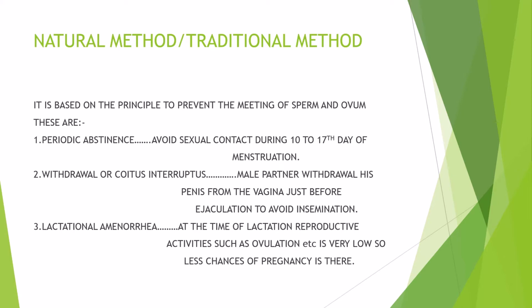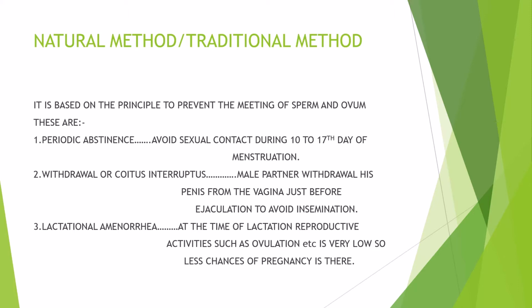This method is also called the traditional method. It is based on the principle of preventing the meeting of sperm and ovum. If sperm and ovum do not come in contact, then fertilization does not occur.